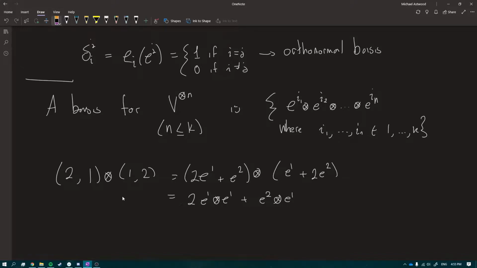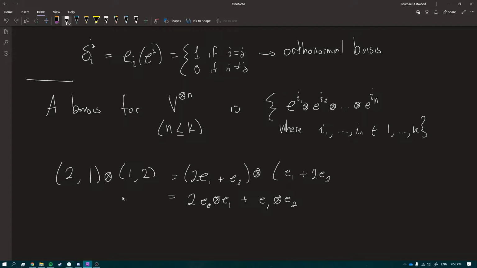Oh man, I'm so sorry, I messed up. These should be lower indices because these are covectors. Okay, there we go.